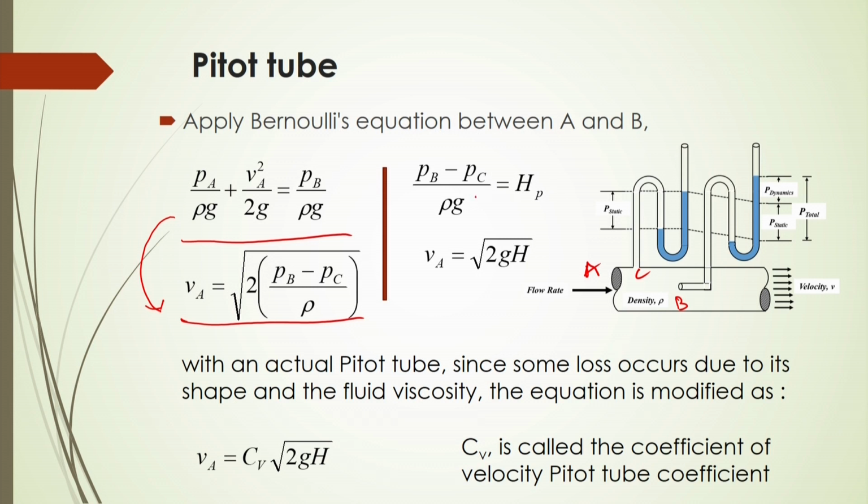Now, since P B minus P A by rho g is represented as H P, V A should be equal to root over 2 g H P.